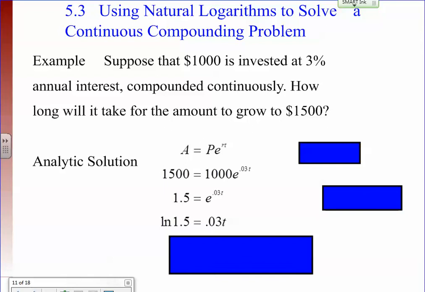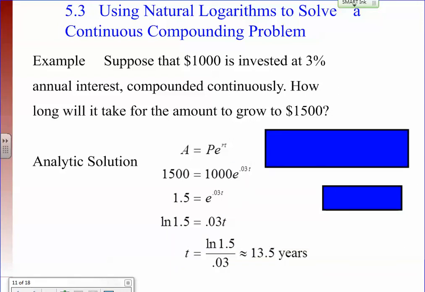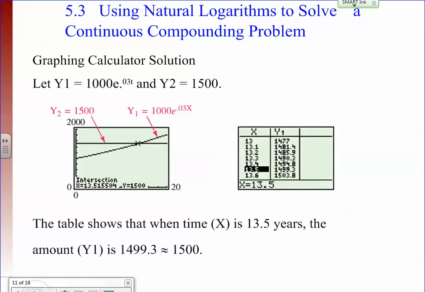We can get that number from our calculator. But the point was to get rid of that e, that exponent, by taking the natural log of both sides. The natural log of any e power function is just going to be the exponent. Solve for t in that case, divide both sides by 0.03, and you get about 13.5 years.